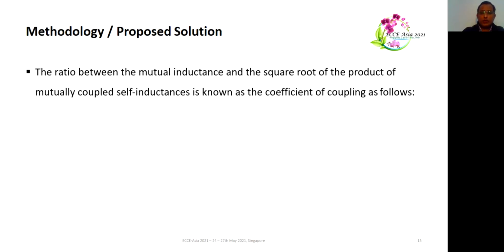The ratio between the mutual inductance and the square root of the product of the mutually coupled self-inductances is known as the coefficient of coupling, as follows. This is the coupling coefficient between Ti and Ig.